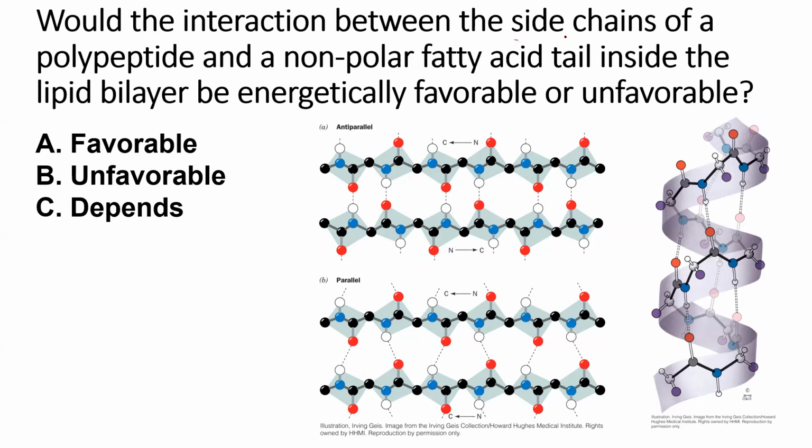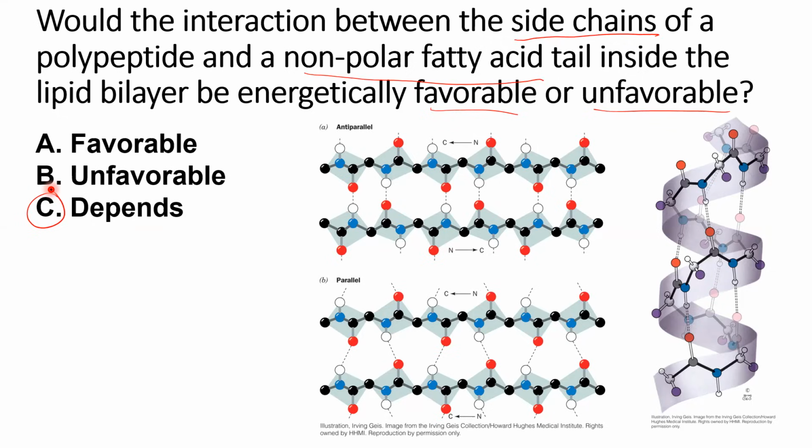Okay, so the important thing here is whether the side chains of a polypeptide and a non-polar fatty acid tail inside a bilayer are favorable or unfavorable. And of course, if we're just talking about the side chains, it depends on what the side chain is, so we're thinking C. If that's a charged group, such as from an aspartate, a glutamate, or an arginine residue, you wouldn't expect that to be very favorable within the lipid bilayer, because a charged molecule interacting with the non-polar region of the bilayer is not energetically favorable.